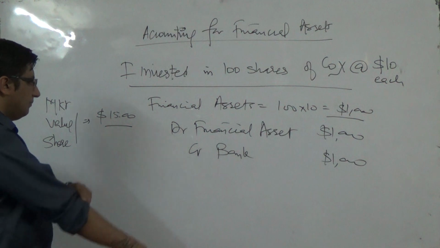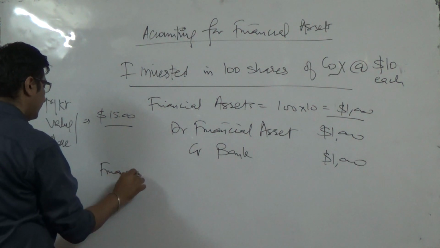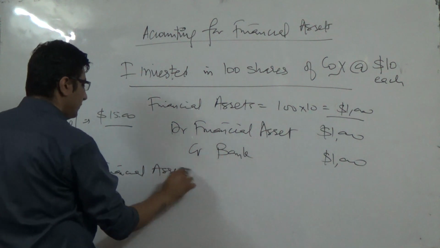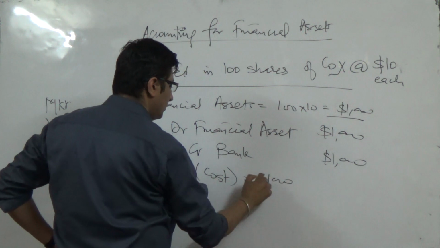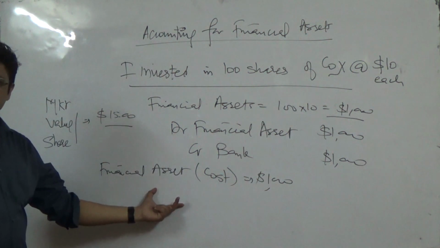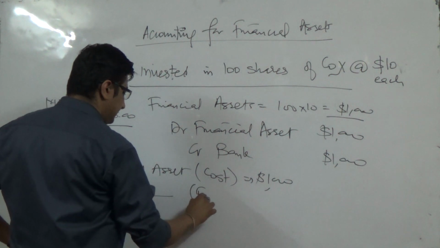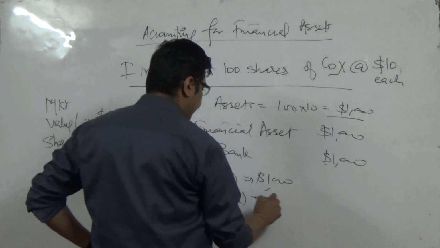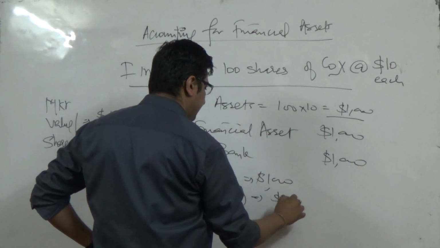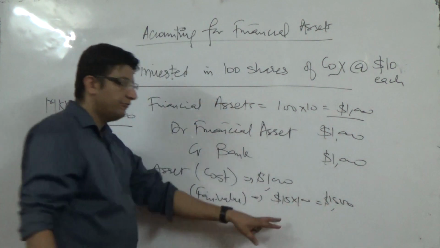Should I show my financial asset at its initial cost of $1,000, or at its fair value or market value, which is 15 into 100, that is $1,500?